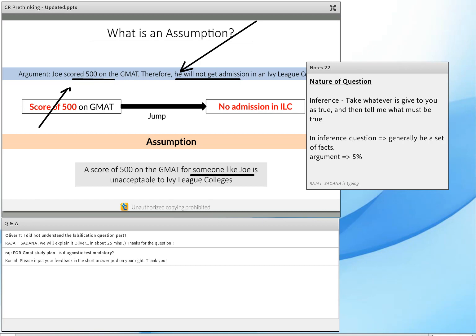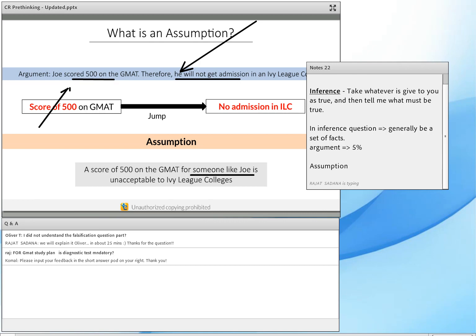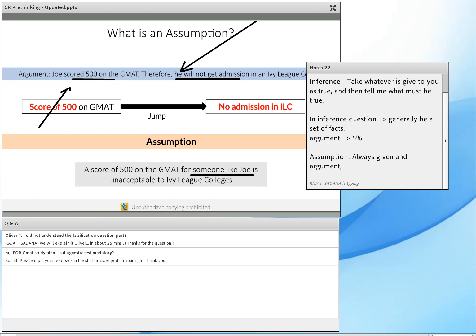Now, how does this change for an assumption? In an assumption, what you're given is always an argument, which means you will always have a conclusion.